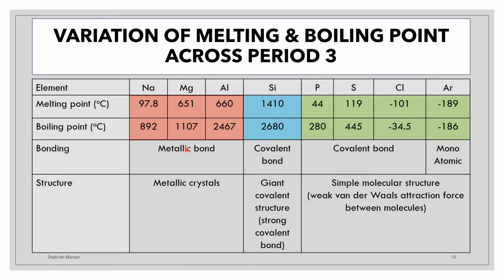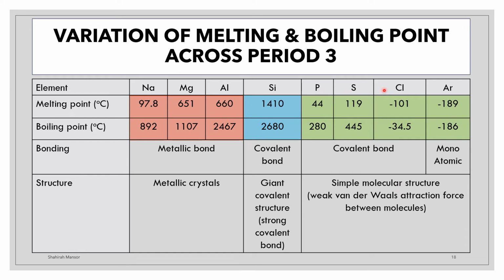And the structure dalam metallic bond, kita akan ada metallic crystal. In silicon, we have giant covalent structure, di mana dalam this giant covalent structure mengandungi banyak covalent bonding, dan dalam this non-metal elements, okay, they will form simple molecular structure. Okay, mereka akan membentuk ataupun mereka akan berada dalam bentuk simple molecular structure.